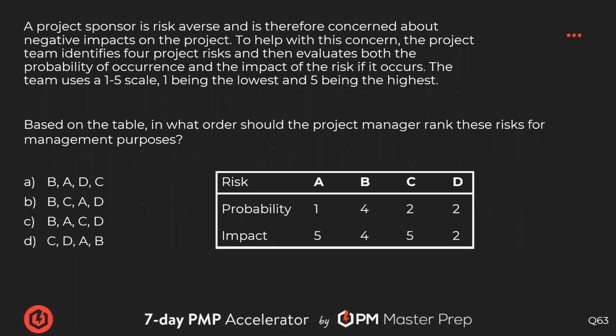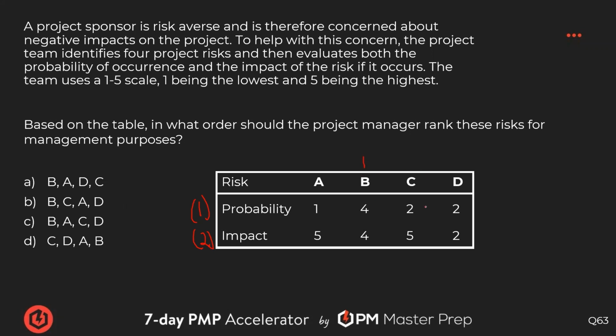Probability, impact. From a project manager's point of view, I'm going to focus on the probability first to rank those highest, and the impact of the project second. So I've got B first.